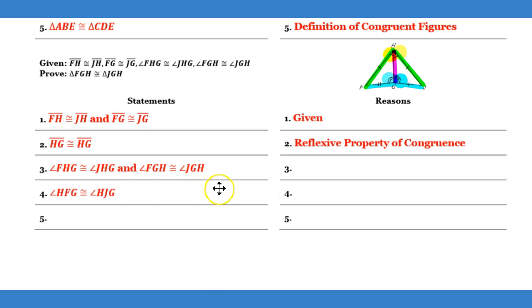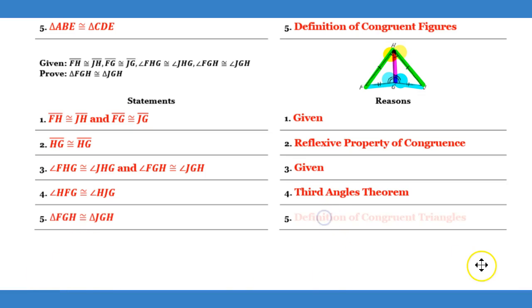Well, if I have two angles that are congruent to 2 angles of another triangle, then I know that their third angles are going to be congruent by the third angles theorem. So now that I have 3 sides congruent and 3 corresponding angles congruent, I know the 2 triangles are congruent by the definition of congruent triangles.